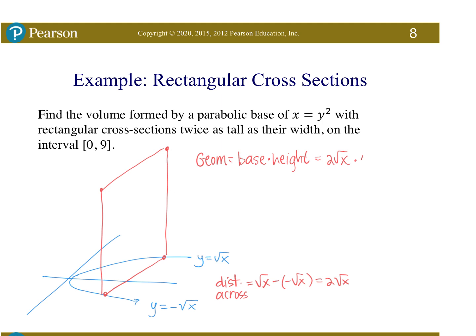It'll be 4 rad x, which is a total of 2 times 4, which is 8, and rad x times rad x is x. Once you get that, then turning it into volume should be no big deal. The volume is going to go from 0 and stop at 9 of the quantity 8x dx. Pull the 8 out to the front because it's a constant, and that will turn into a volume.